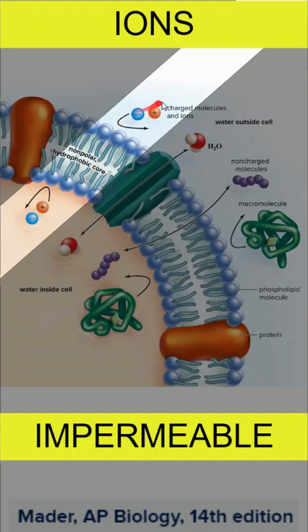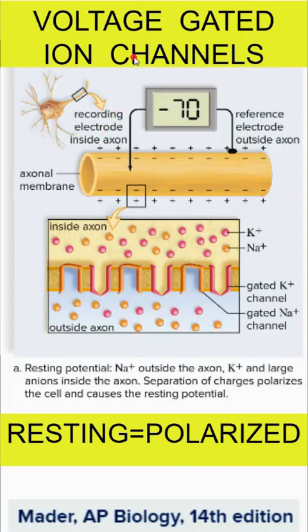So when we look at ions, again, they're charged. This charged substance cannot go through the membrane on its own because the membrane is impermeable to charged ions because of the lipid tails and the hydrophobic area here. So we need voltage-gated ion channels to help.